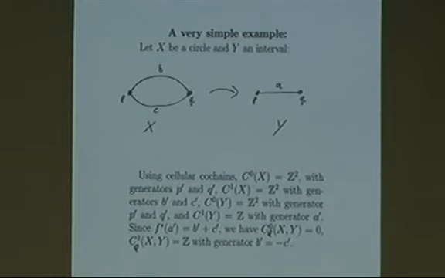So there's only one cochain on y, and there are only two one cochains on x. And the quotient is just going to be, C1 of x is going to be generated by the duals to b and c, but the pullback of the dual to a is the dual to b plus the dual to c, and I'm using prime to denote duals. So this f star of a prime is b prime plus c prime, which is 0.